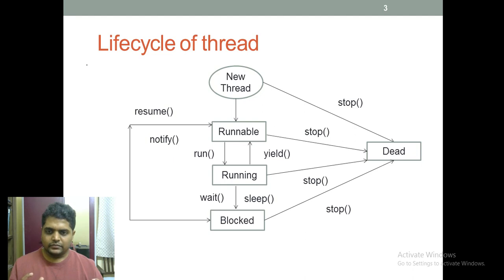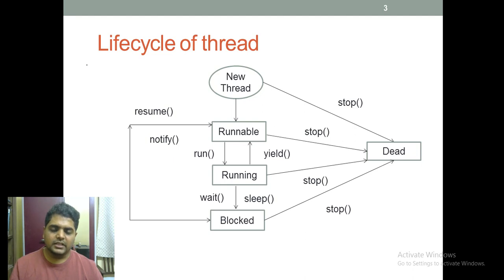Wait is where a thread waits a specific amount of time for another thread, and sleep is where a thread temporarily stops or suspends its execution for a specific amount of time.